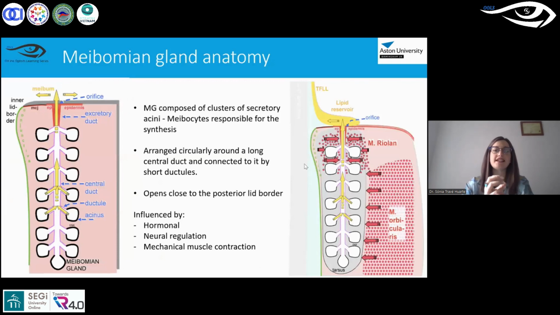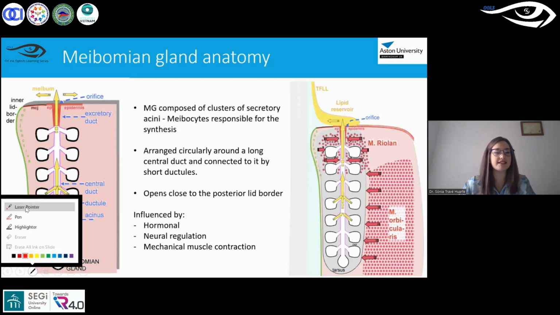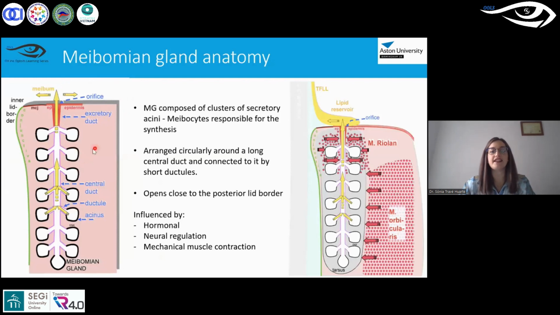So the Meibomian glands have clusters of acini, which are those round areas that you see here on the sides. And that's where they produce the oil. So we have meibocytes, which produce the meibum. And that is influenced by hormonal and neuronal regulation, but also by the pressure of the muscles that we have around.